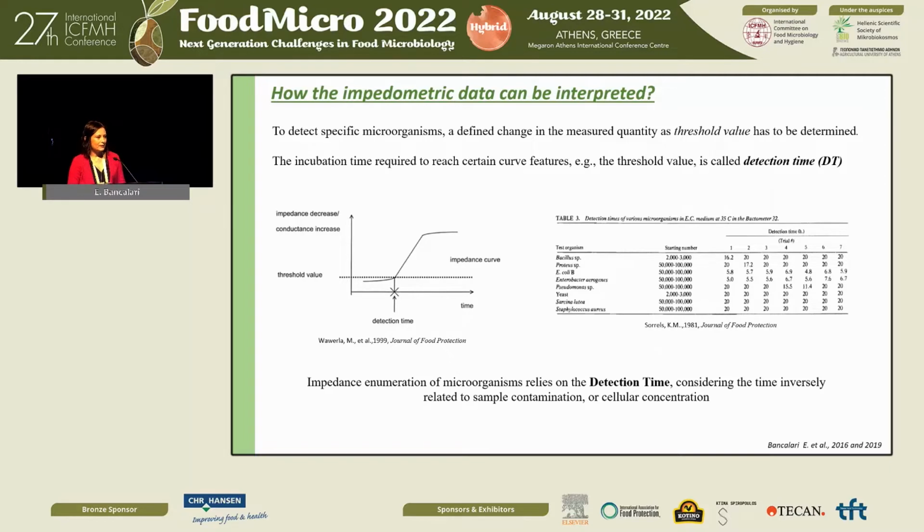And this detection time is in a certain way correlated to the definition of the lag phase. So it is considered to be inversely related to the sample contamination, but also to the cellular concentration.